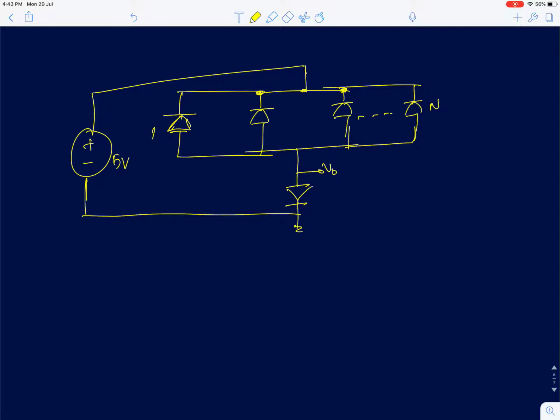Since all the diodes are in parallel and reverse biased, each of them carries a current of Is. The current here is the sum of all those currents, which is n times Is, and that is the same current which flows through this diode. So the voltage V0 is going to be Vt ln of n plus 1.